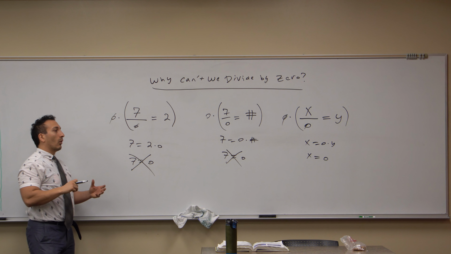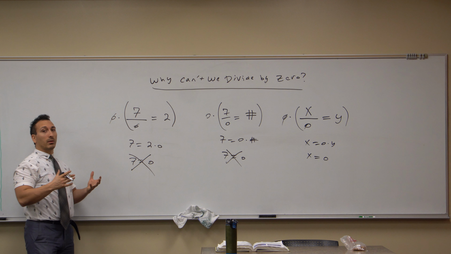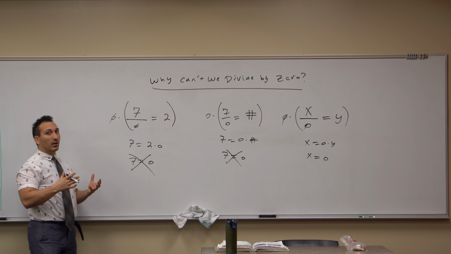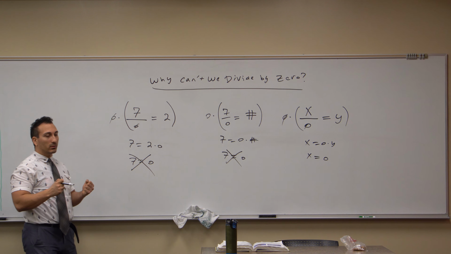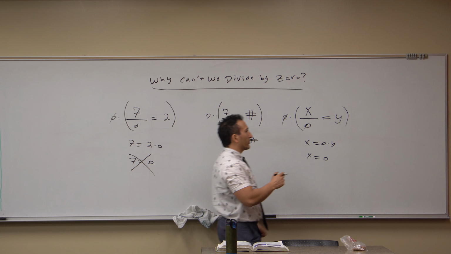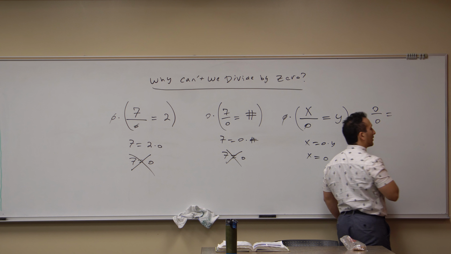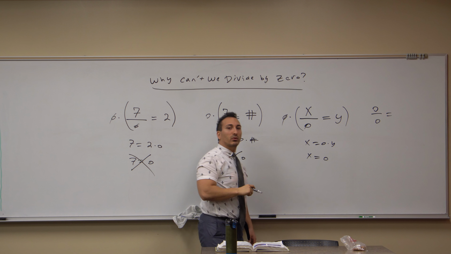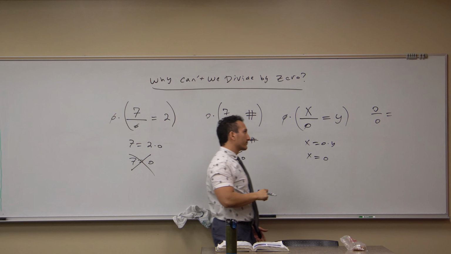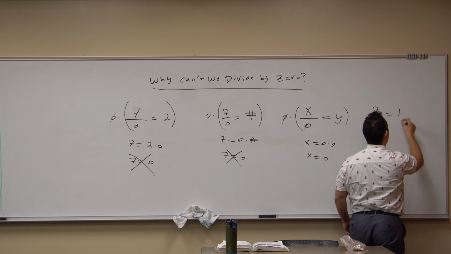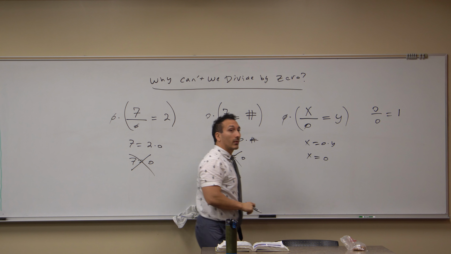Now, x could be 0 because it's arbitrary, but even if it was 0, take a look, then we're saying 0 over 0 equals something. Some people say, well, what if 0 over 0 is equal to 1? Because anything divided by itself should equal 1, right?